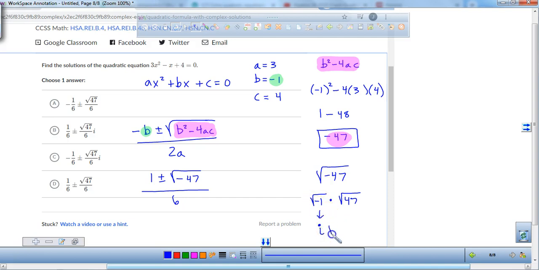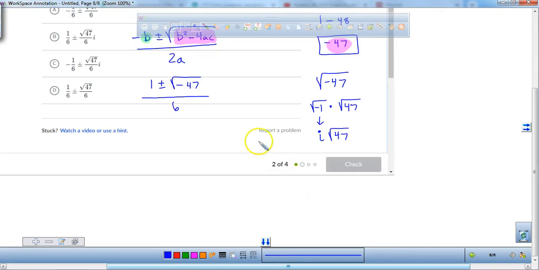So we're technically left with i radical 47. Alright, so square root of negative 47 ultimately becomes i radical 47. So here's how I'm going to write it. 1 plus or minus radical 47 all over 6, but we're going to put the i right there.